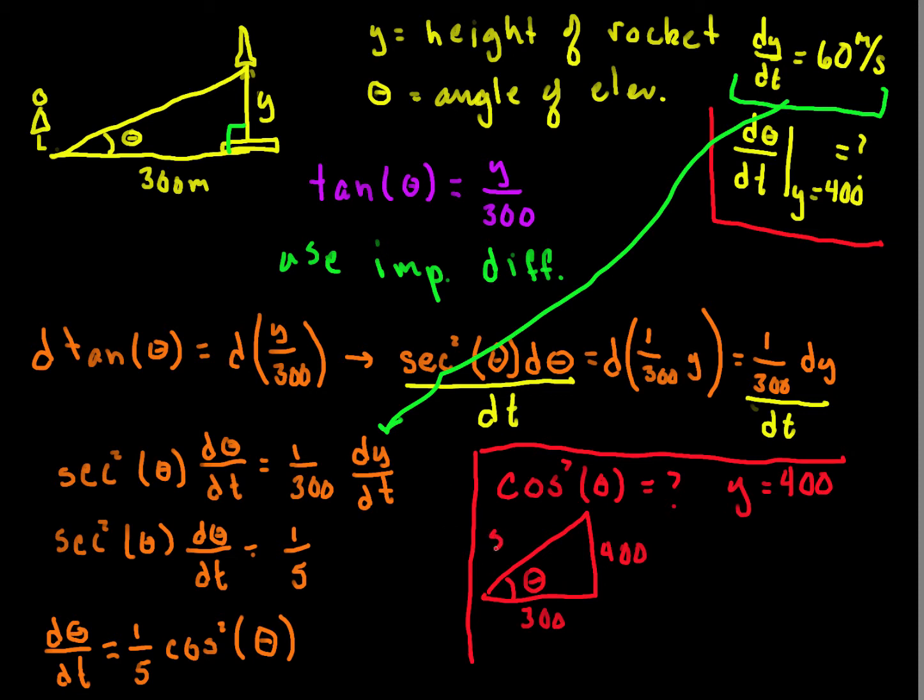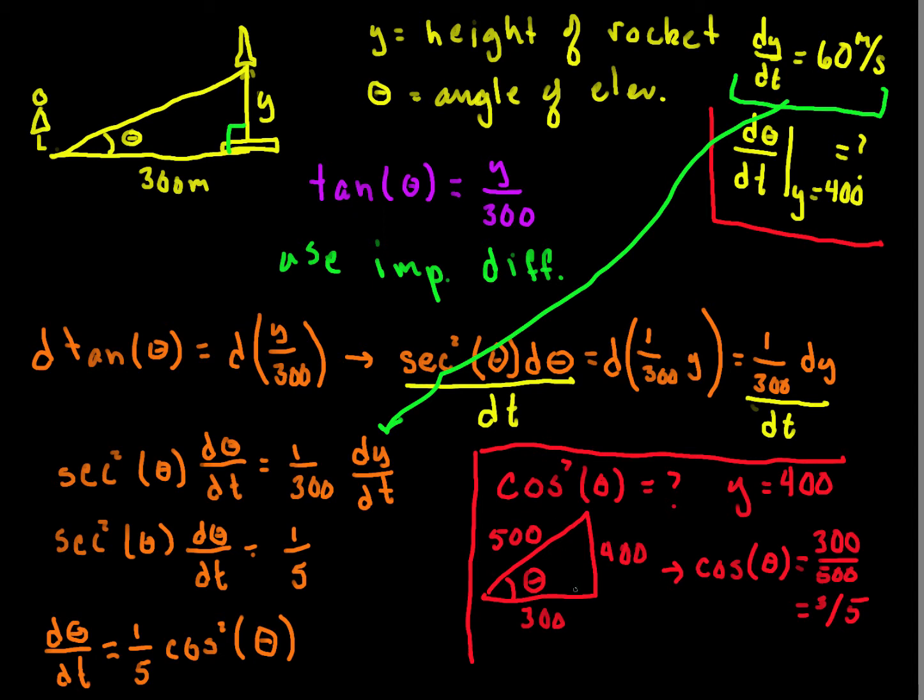But you could use Pythagorean's theorem to find that the length of the hypotenuse, when the base is 300 and the height is 400, has got to be 500. This tells me that cosine of theta is the ratio of adjacent to hypotenuse, so it's equal to 300 divided by 500, which is equal to 3/5.